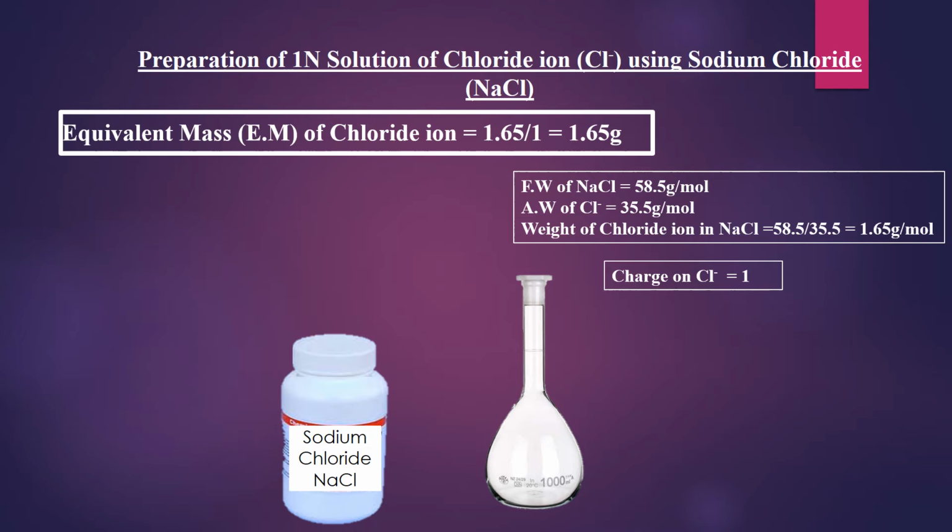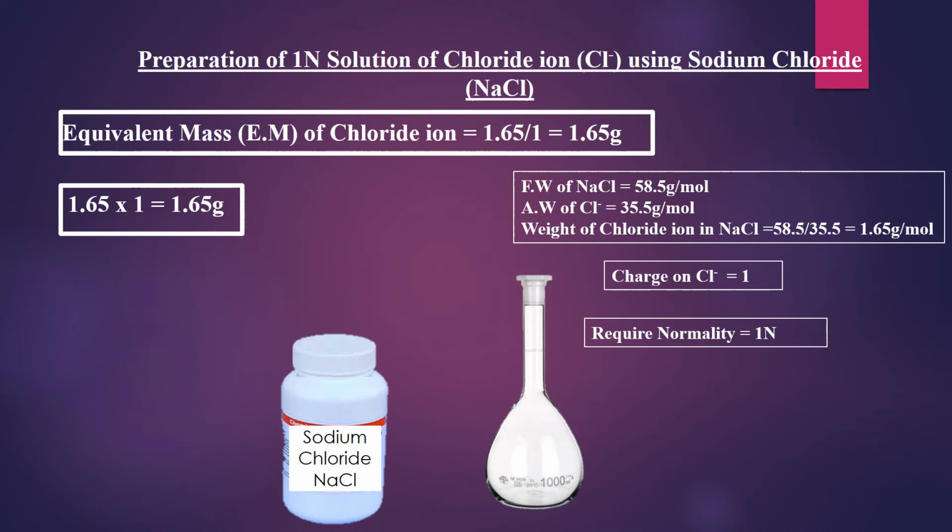For calculating equivalent mass, divide 1.65 by 1, as the mass of chloride ion in sodium chloride is 1.65 and the charge on chloride ion is 1. Then, multiply 1.65 by the required normality, which is 1. The answer is 1.65 grams.